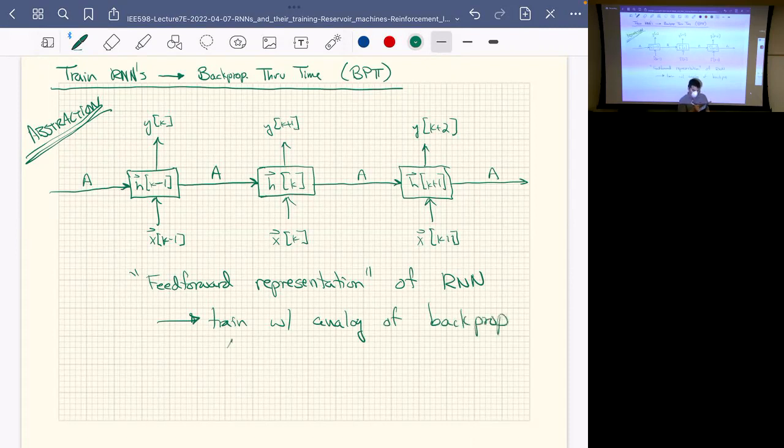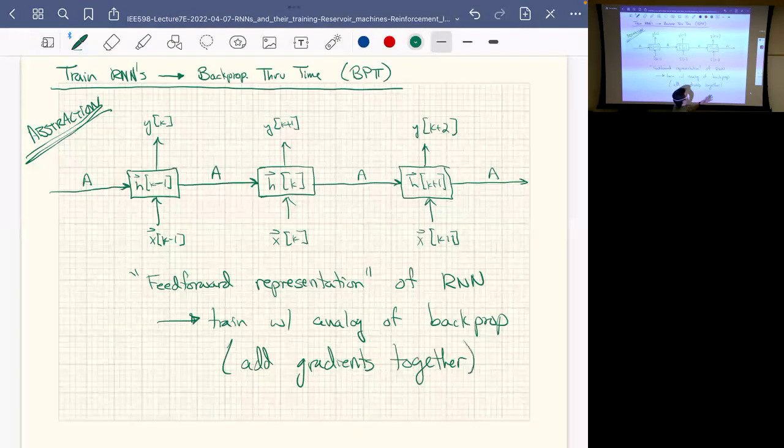with an analog of backpropagation, where you're going to add gradients together. So in other words, if you do this backpropagation, you're going to calculate gradients for weights in one network, and then you'll calculate gradients for those same weights in another network as if they're independent from the other one, and so on and so forth.